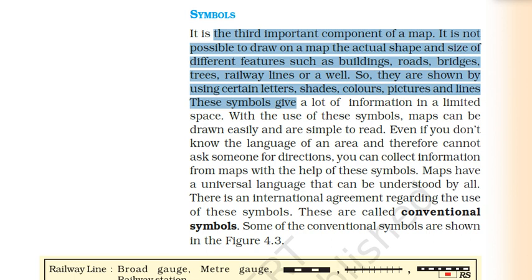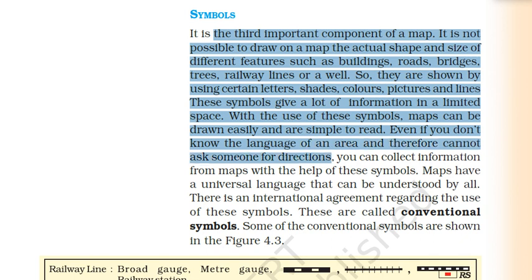These symbols give a lot of information in a limited space. With the use of these symbols, maps can be drawn easily and are simple to read. Even if you don't know the language of an area and therefore cannot ask someone for directions, you can collect information from maps with the help of these symbols. Maps have a universal language that can be understood by all.